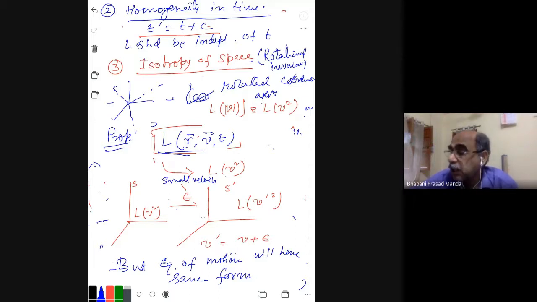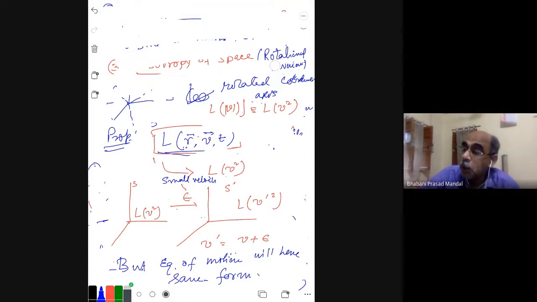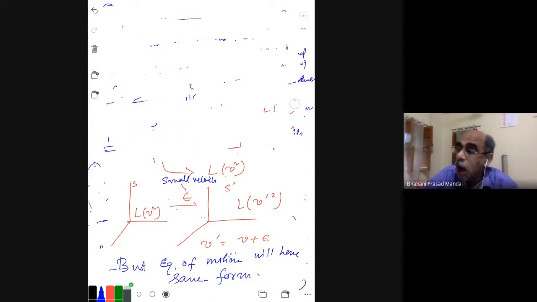So we expect that these Lagrangians should be related, or we should use the properties of the Lagrangian to ensure that the equation of motion will have the same form. Okay. So now let us see. What I'll do, I'll make a Taylor series expansion in the second Lagrangian, L prime frame.